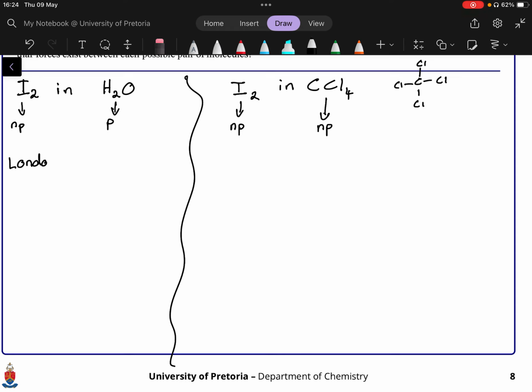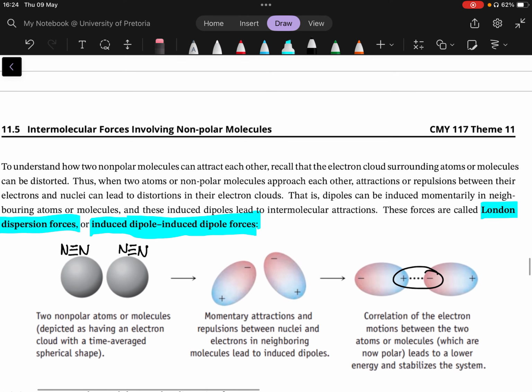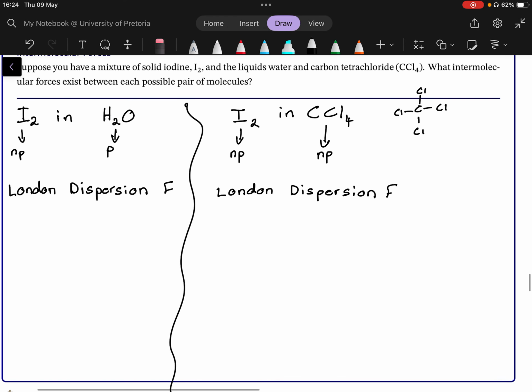So this side has London dispersion forces, and this side also has London dispersion forces, because both of those interactions will have this to some extent. The only question is, what are the other forces that can be here?